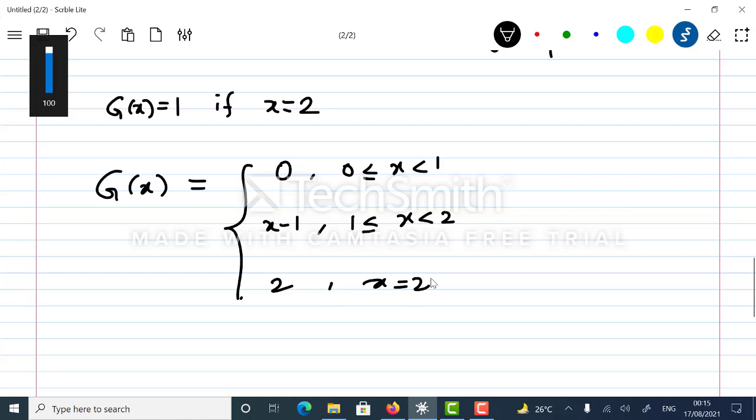Okay. So indefinite integral of f we have easily calculated, it is not difficult.